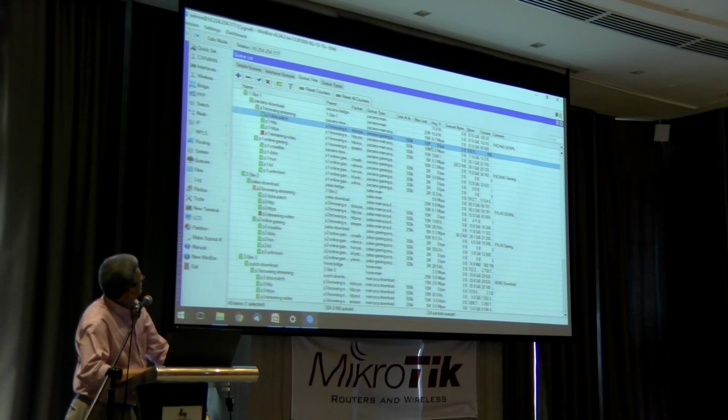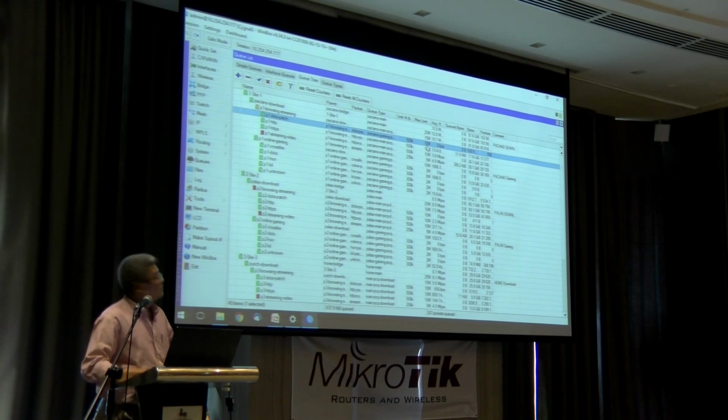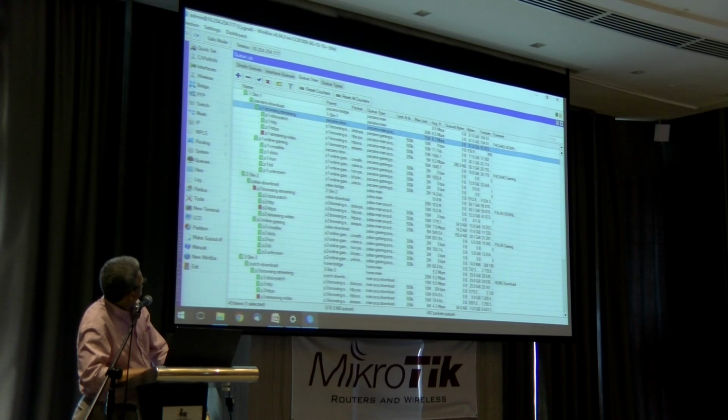So if you add them all up here, it should be equivalent to your max limit. 500 multiplied by 30 or 25 gives you 10 megabit. And then you add this, the max limit, that will be equivalent to your max limit on the parent.